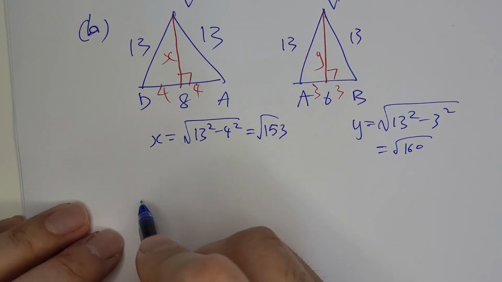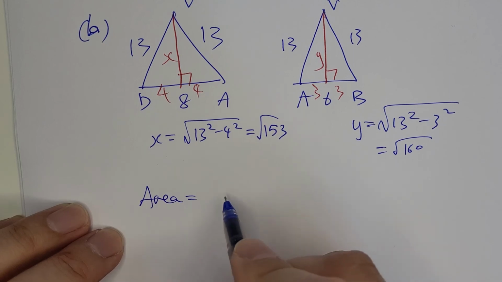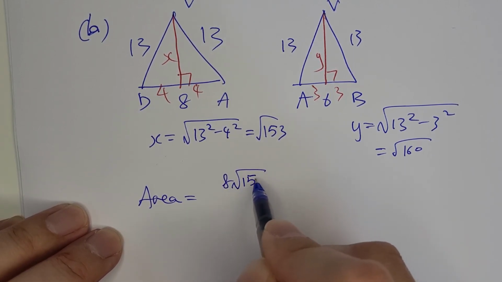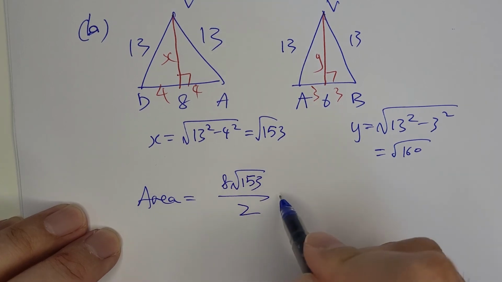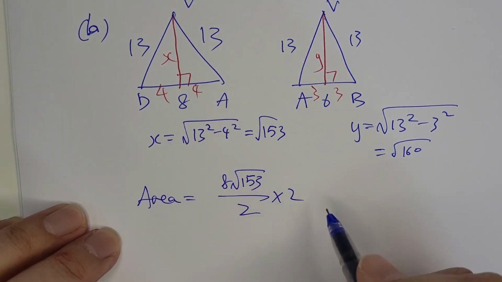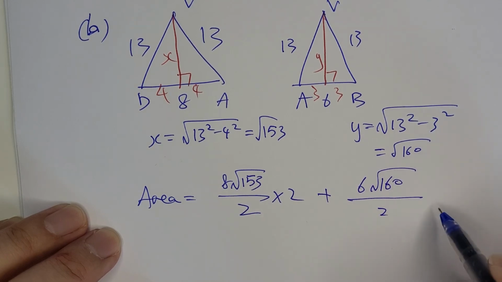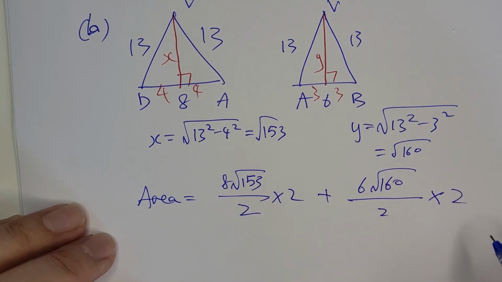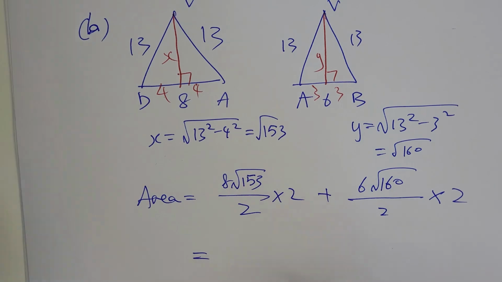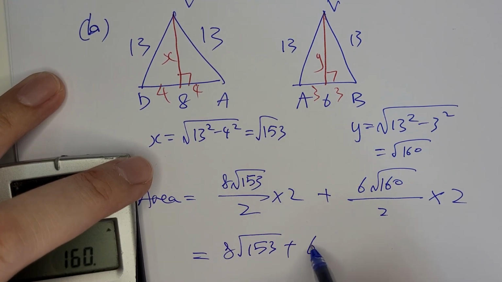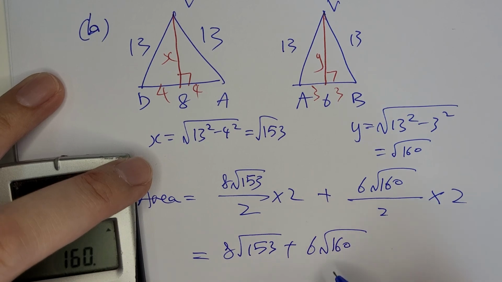So area would be 8 times square root 153 over 2, but multiply by 2 because you have 2 faces like this, plus 6 times square root 160 divided by 2, but multiply by 2, okay? So you can get the answer, that is 8 times square root 153 plus 6 times square root 160.